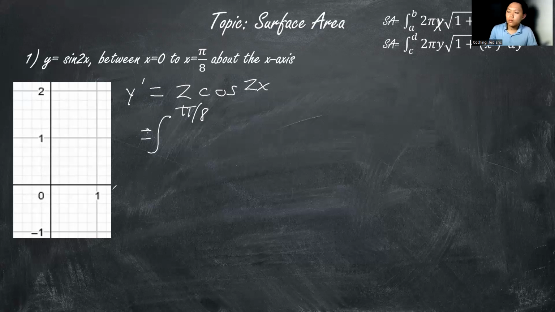If we graph this function, it's going to look like this, with this as pi divided by 4, and this is 0.